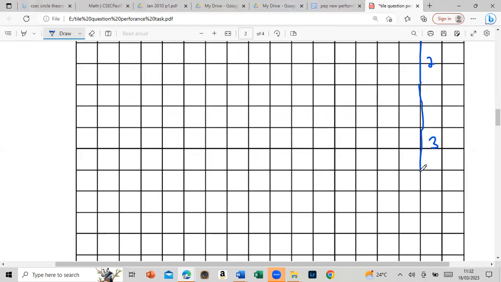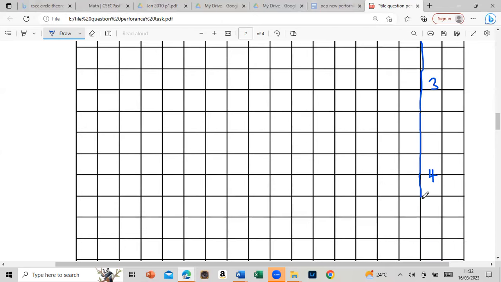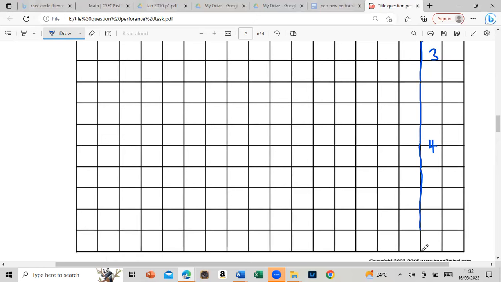That's 3. 1, 2, 3, 4. Because remember, 4 times 25 gives you the 100, right? So we have 4, 1, 2, 3, 1 more, and that's it. They do it with the exact correct measurement. So we go over here, so now this is our area for the entire room.